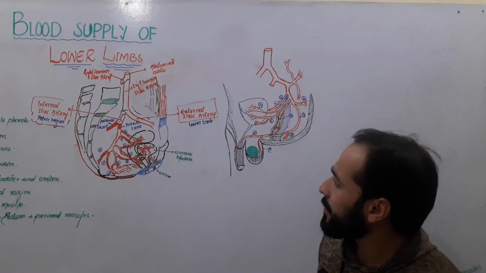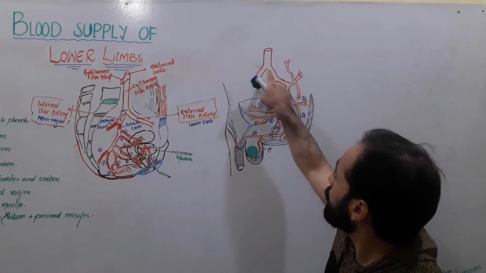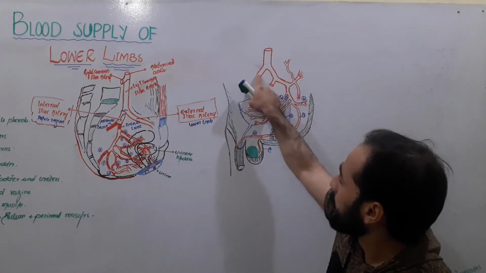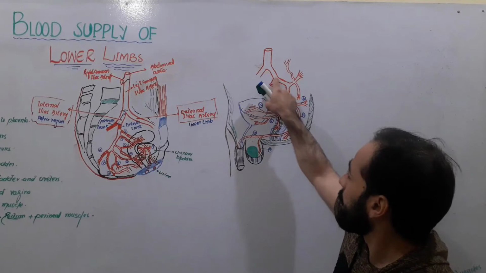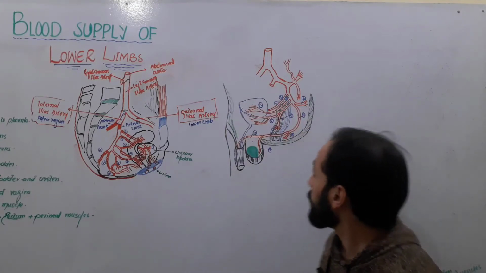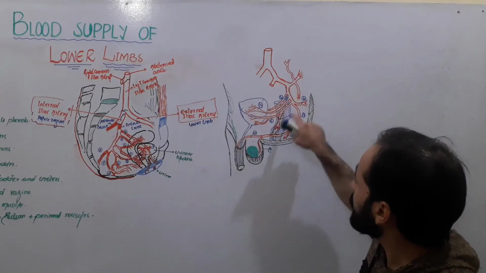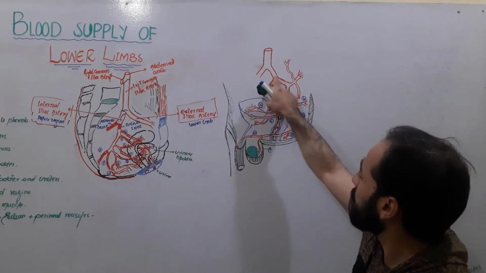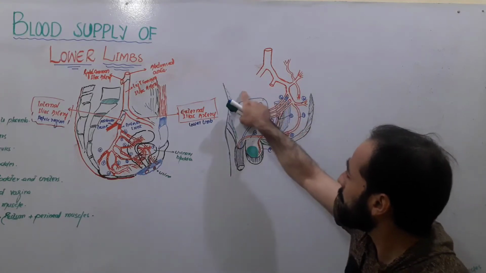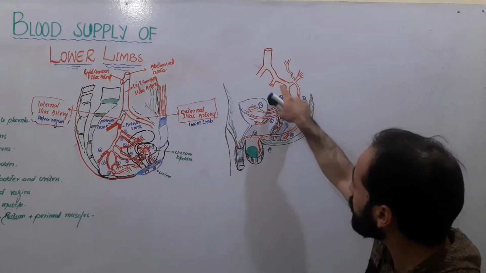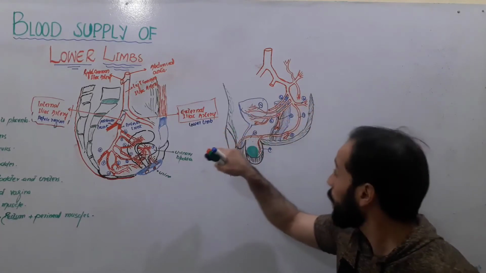Previously I discussed that the abdominal aorta gives off two branches, the right common iliac artery and the left common iliac artery. So it was also important that, as I'm discussing the branches of the external iliac artery, I should discuss the branches of the internal iliac artery too.